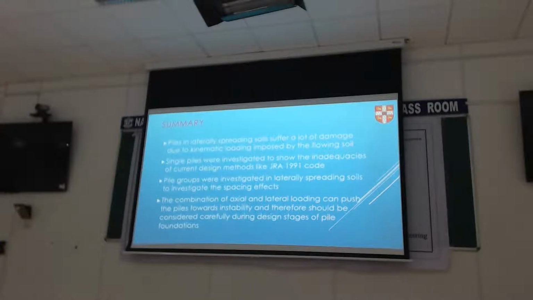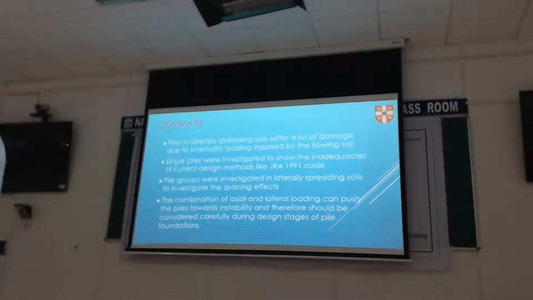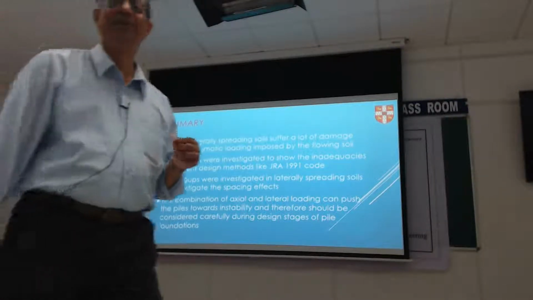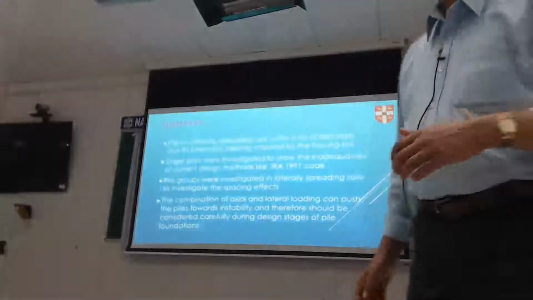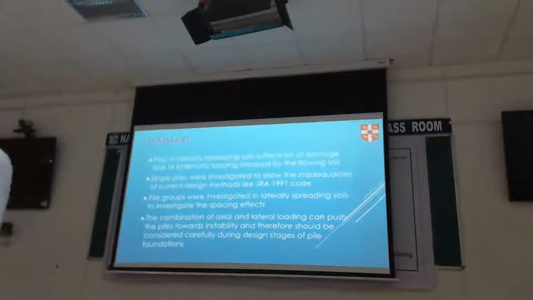Like most of what we do with the centrifuge, we're always in the business of pulling the failed piles out and looking at them. We can afford that because our centrifuges don't cost us millions of dollars to put up the buildings, whereas real buildings do. So you should not ever be in a position where you need to pull out a pile you have driven because the building has collapsed. And this can help you avoid that state. Okay? I think that's it. Any questions?